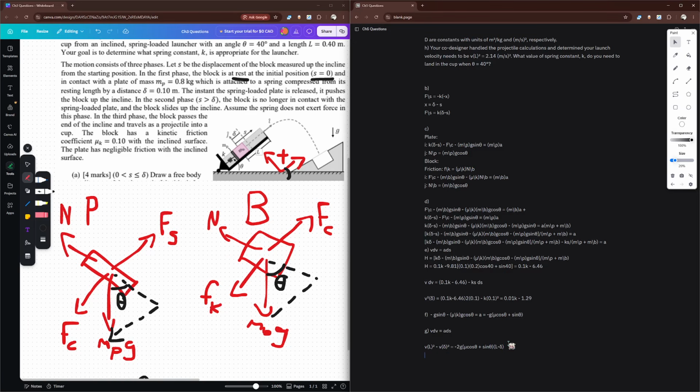So we're adding V of delta squared to both sides. So this is equal to this. And we're going to have negative 2 times 9.81.